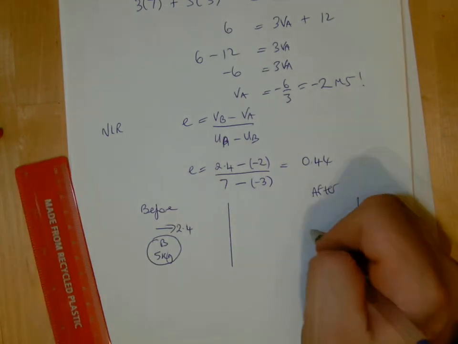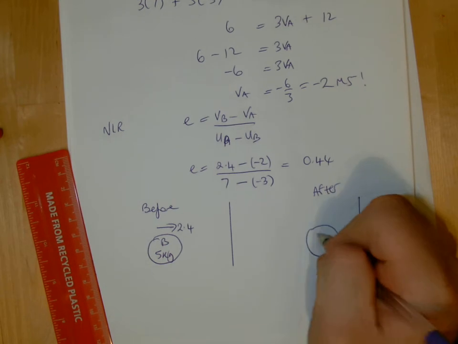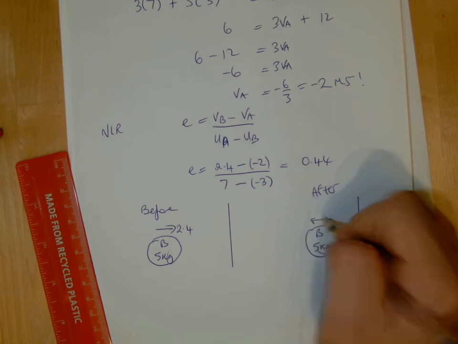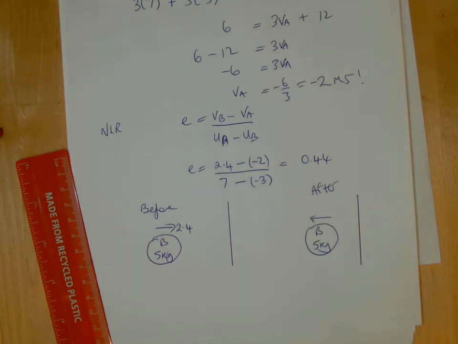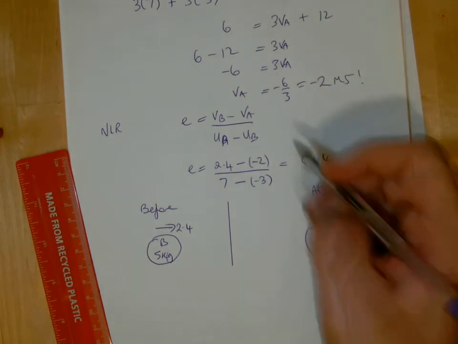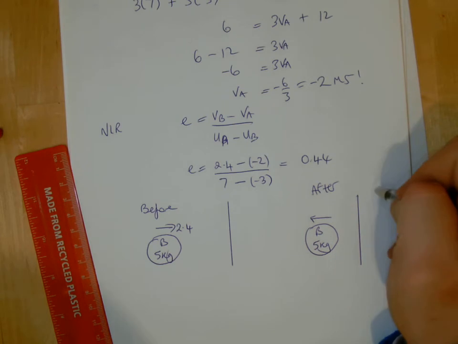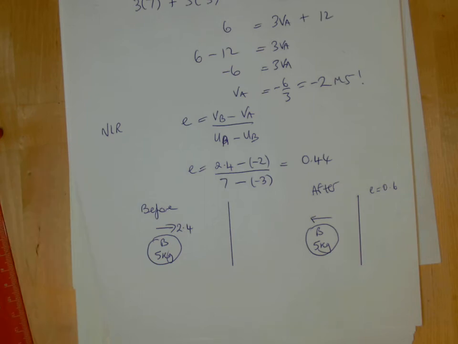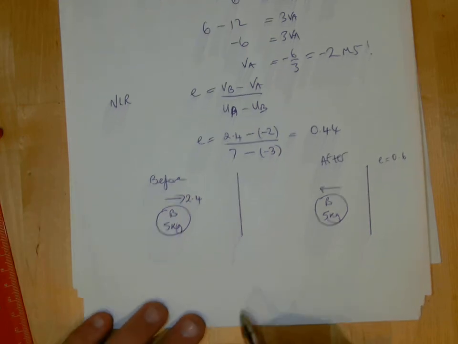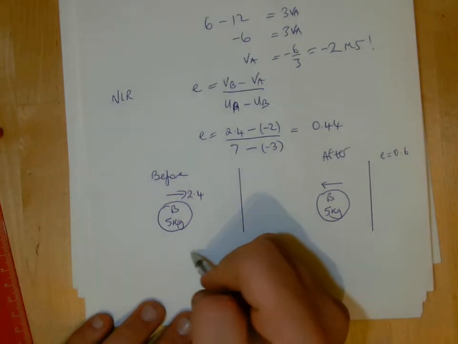Because that wall is not going to be moving, so it's going to rebound from that wall. But if they tell us that E is 0.6 in the question, we just need to remember how Newton's law of restitution works.